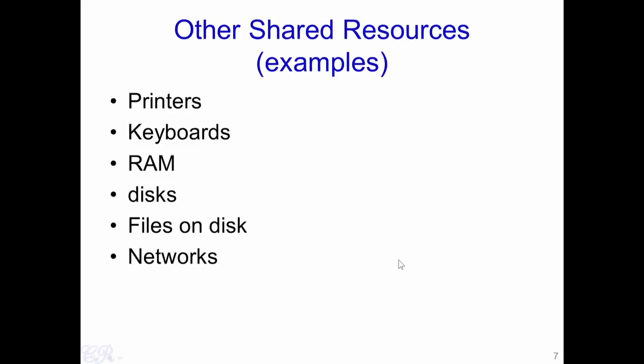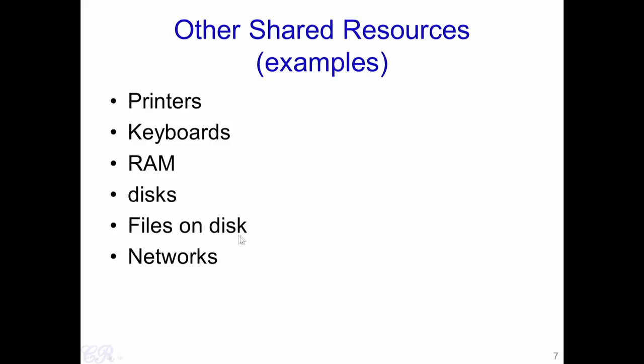So, the CPU was one example of a resource which the operating system managed. Essentially the operating system decided which of these several processes would be given a chance to execute in the CPU. Along with the CPU, the system would have several other resources and the operating system would need to share these resources among the various users, that is among the various applications.